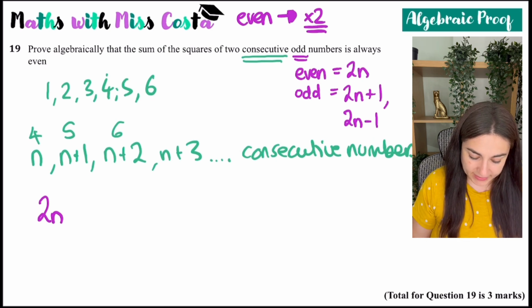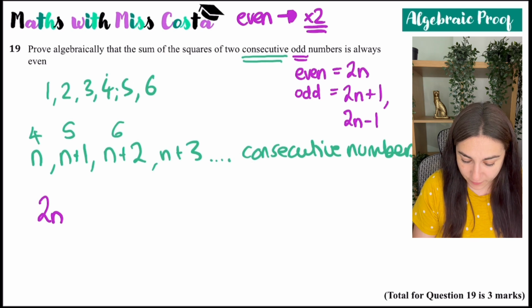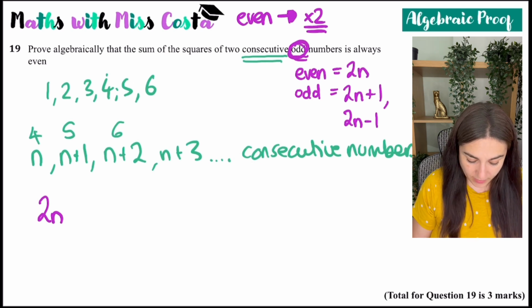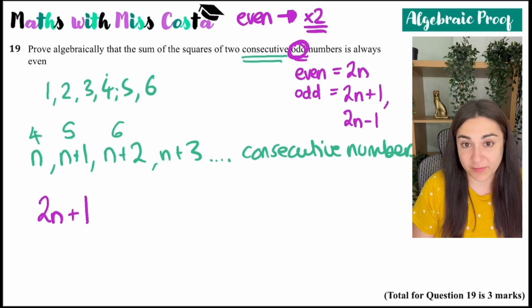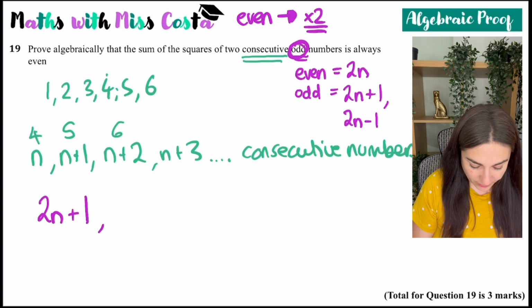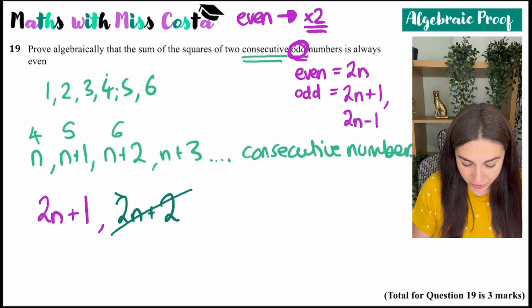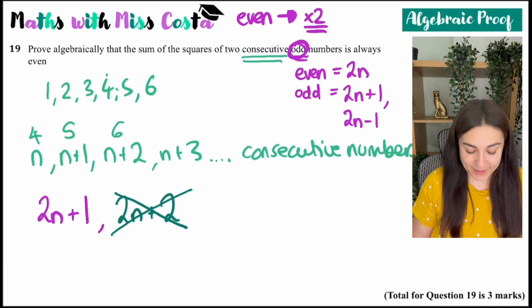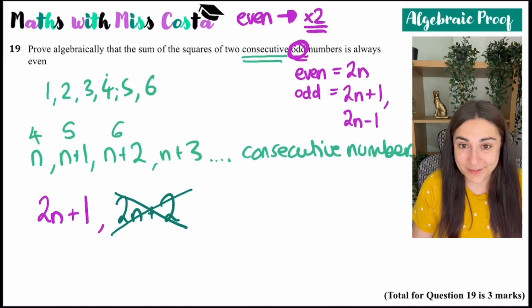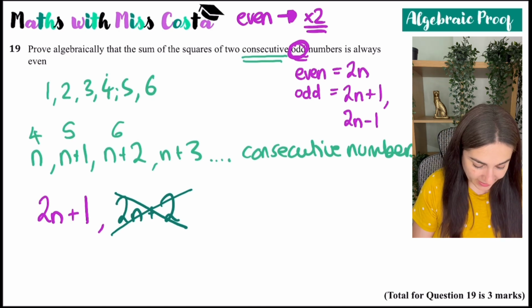So, the sum of the squares of two consecutive odd numbers. I'm going to use 2n plus 1 as my first odd number. Now, the common mistake would be to say, oh, well, the next one is going to be 2n plus 2. But no, because that would then be the next even number. Imagine n is 7.